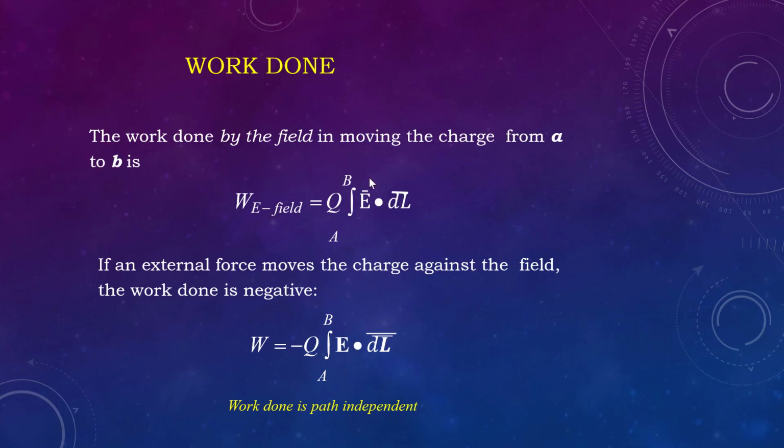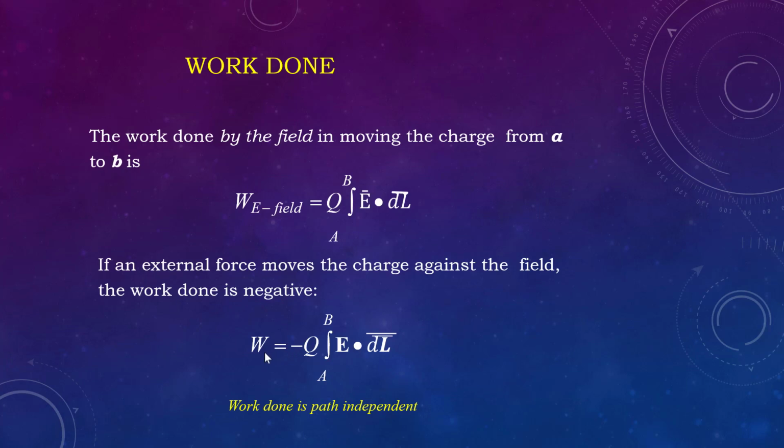The work done by the electric field in moving a charge from A to B is given by W is equal to Q integration of E dot dl from point A, that is the initial point, to point B, that is the final point. If an external force, meaning an external source or a battery, moves the charge against the already existing field, the work done is negative.